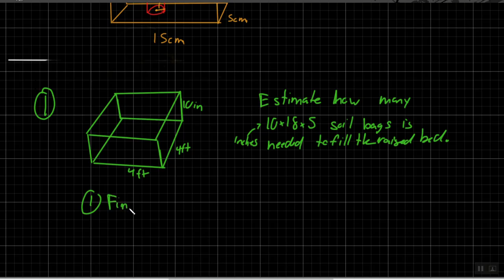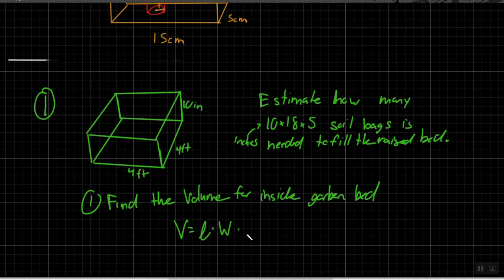I want to find the volume needed for inside the garden bed. So I need to find the volume inside. What shape is this? It's a 3D shape. Rectangular prism. So I have volume equals length times width times height. Because this is my base, this is my big B. Big B is length times width.